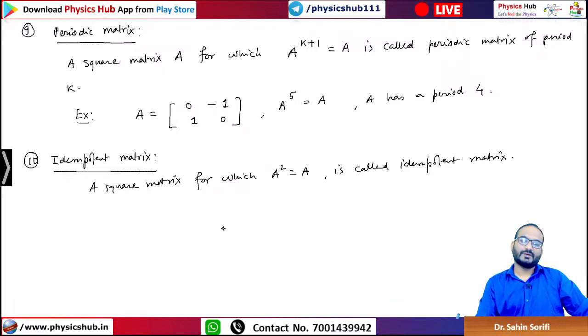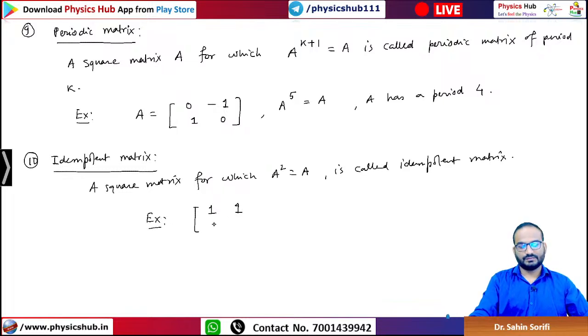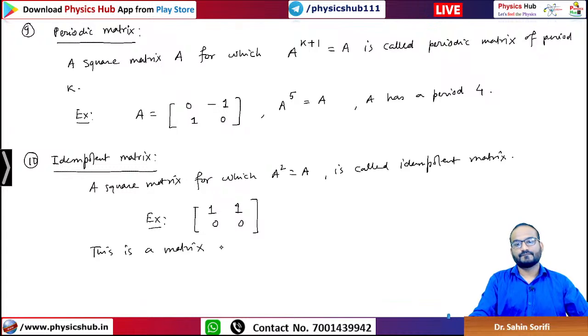So a very straightforward example is the identity matrix, right? Or any other matrix you can take, 1 1 0 0. If you take a square, you get back this A. So you can say this is a matrix of period 1.